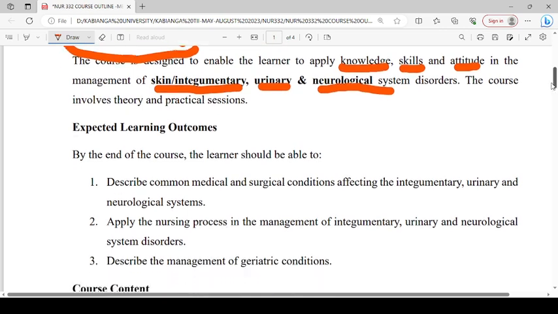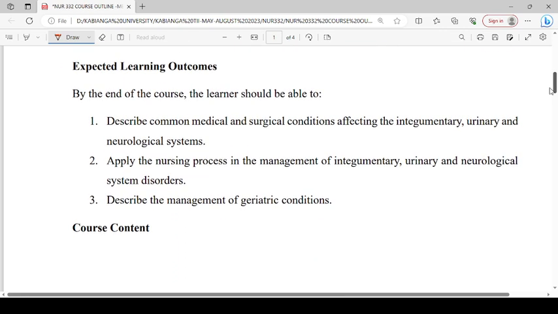What are the expected outcomes? Well, we expect you at the end of this trimester to be able to describe common medical and surgical conditions that affect the systems we have covered. We have already mentioned the integumentary system, the urinary system, and the neurological system.